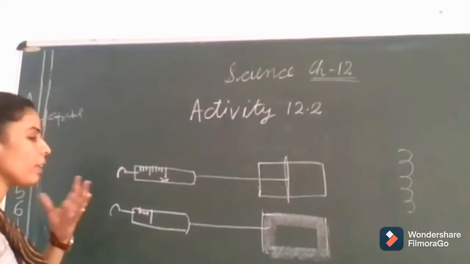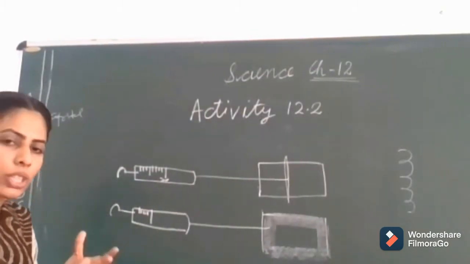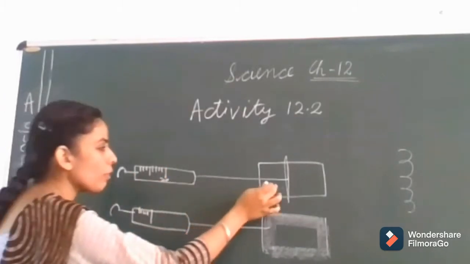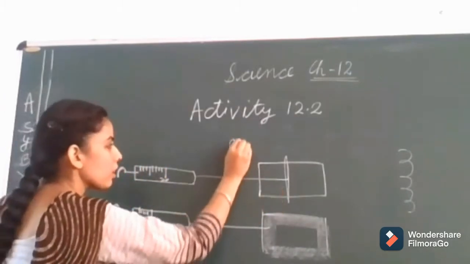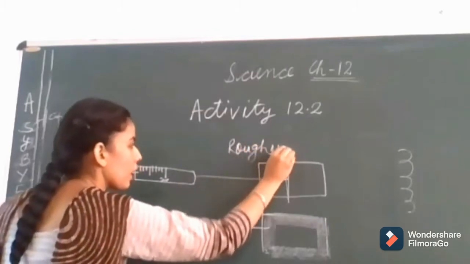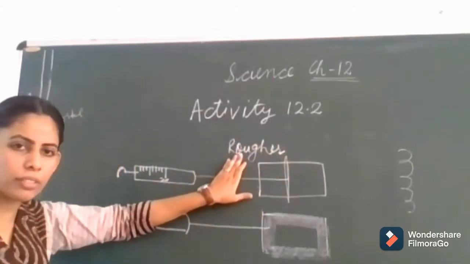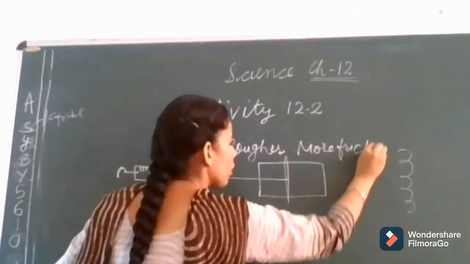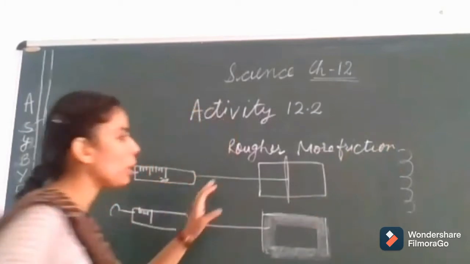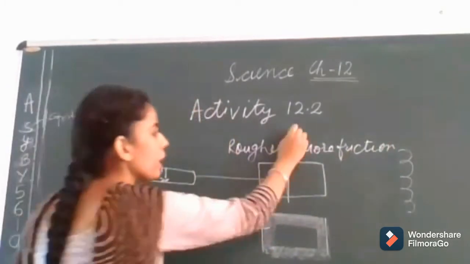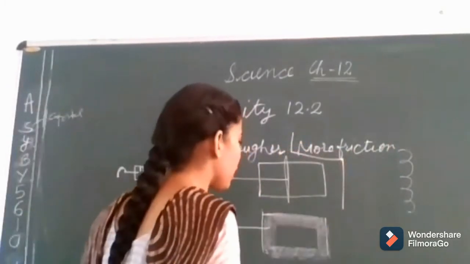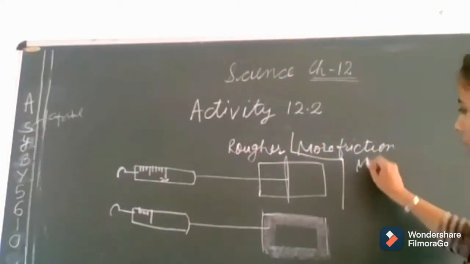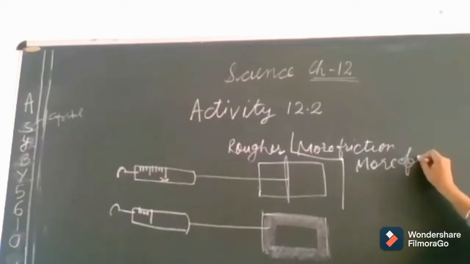Okay, and what is the observation that we will obtain? In the case of the rougher surface, there will be more friction, so therefore you need to apply more force. If there is more friction, that means there is more force.